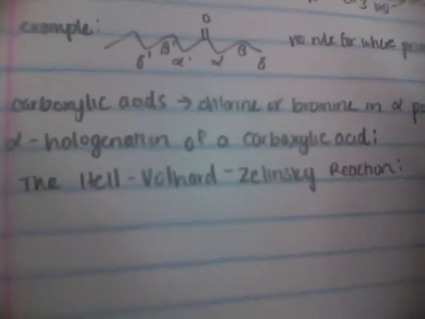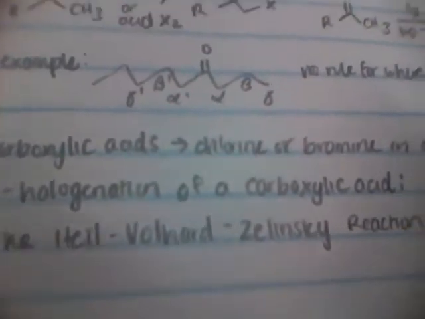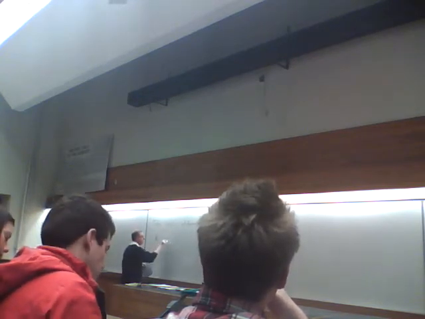So these people worked out a way of converting a carboxylic acid into an alpha halo carboxylic acid. So the general procedure is this one. They take a carboxylic acid, and here is the alpha position which I've labelled, and they treat it with a halogen and red phosphorus, and then with water.